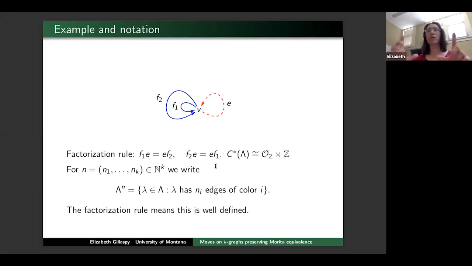When we did our equivalence relation, a blue-red path with one edge of each color, red and blue, was equivalent to another path that also had one edge of each color, red and blue. And lambda 0, well, what's that? Lambda 0 is the set of morphisms that have 0 edges of each color. So that's just the vertices.